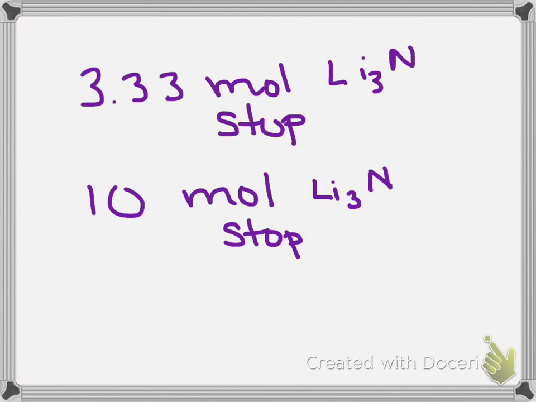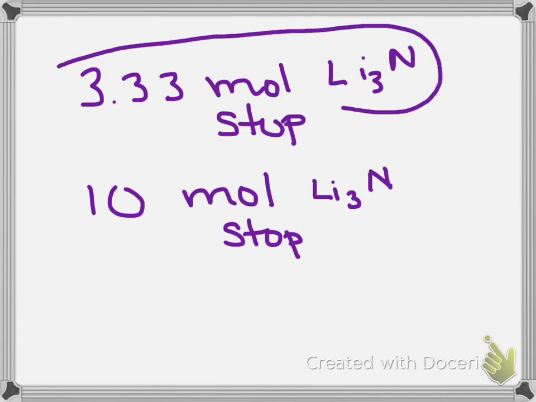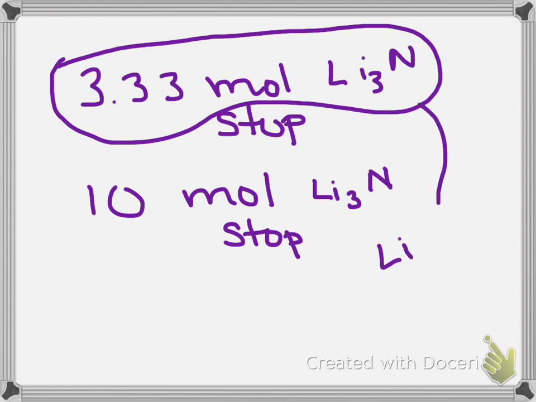We started with lithium, we started with nitrogen. The mathematical equation that gives us the smallest amount of product is going to tell us what our limiting reactant is.